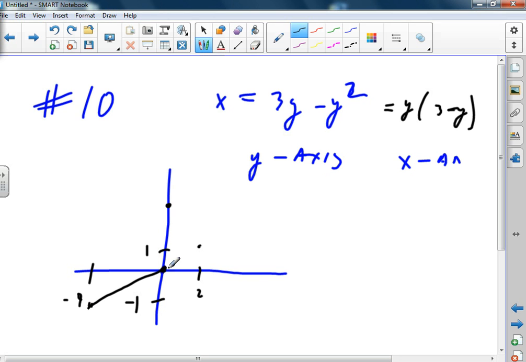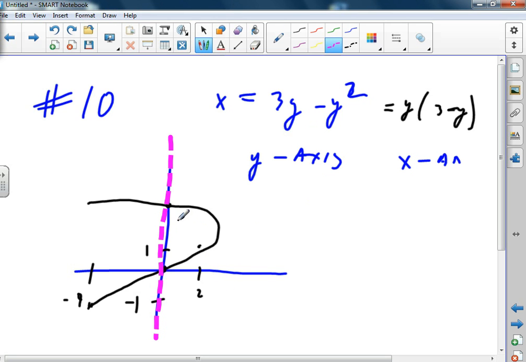So it's going to do something like that. I'm not sure how far it's going to come out. I don't know that right offhand. All right, so it's going to look something like that. And the y-axis is going to be this guy here.